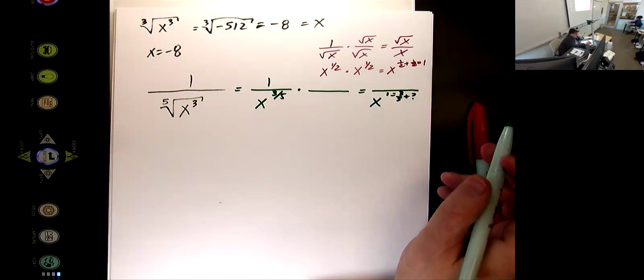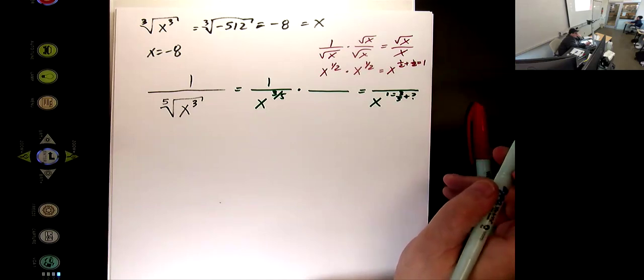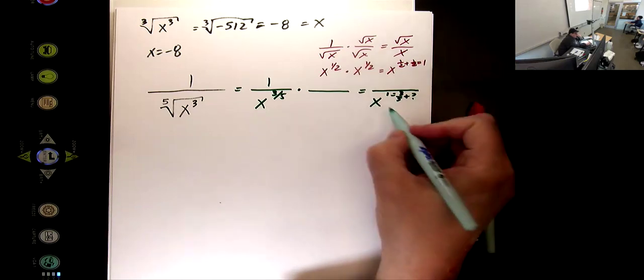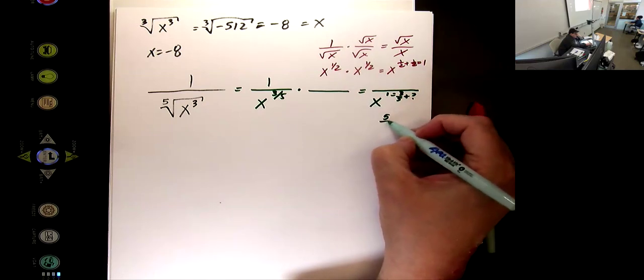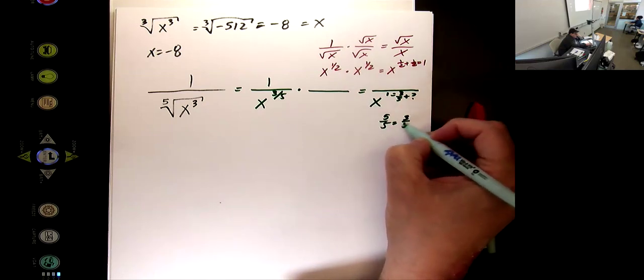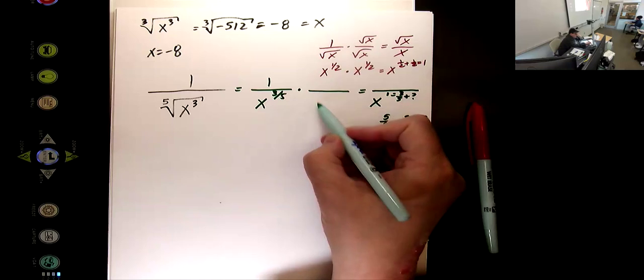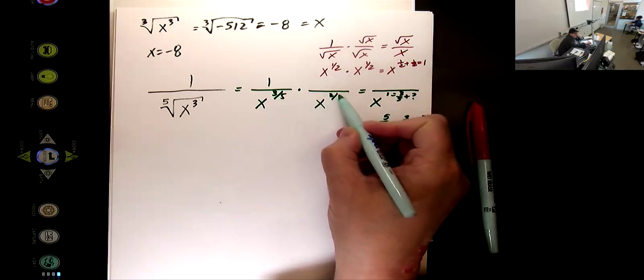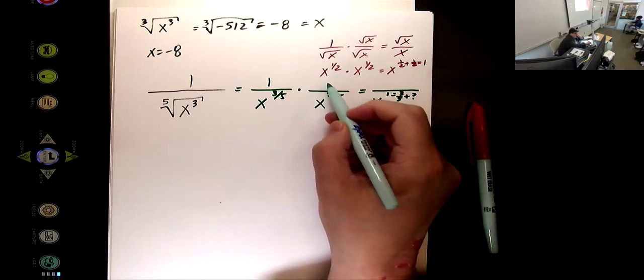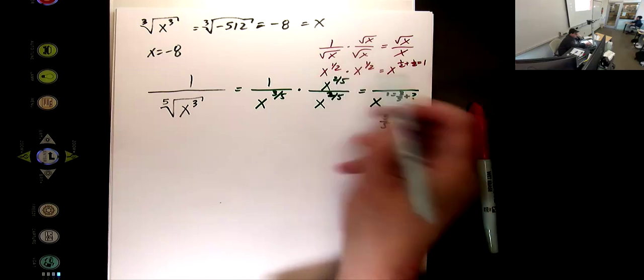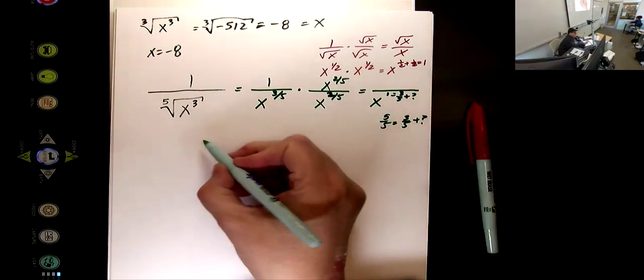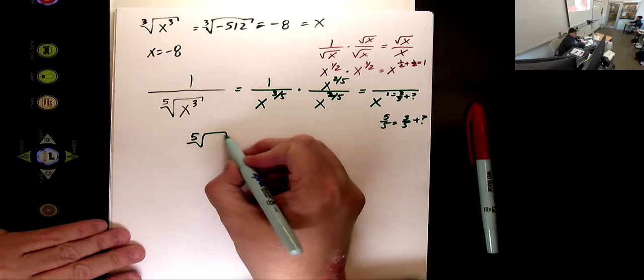What do I got to add to the 3/5 to get 1? 2/5, because 5/5 equals 3/5 plus question mark. So it's 2/5. That's what we got to multiply on top and bottom. So this gets to be the 5th root of x squared over x.